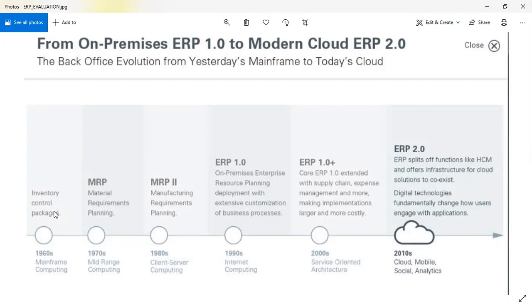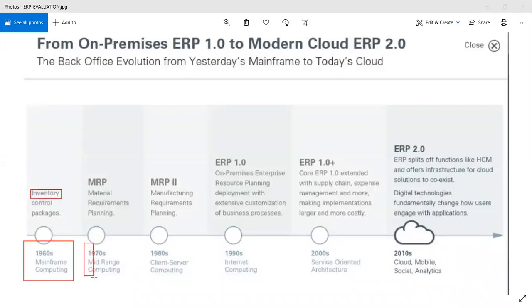In the 1960s, we were having only mainframe computing. We used to maintain only inventory data.